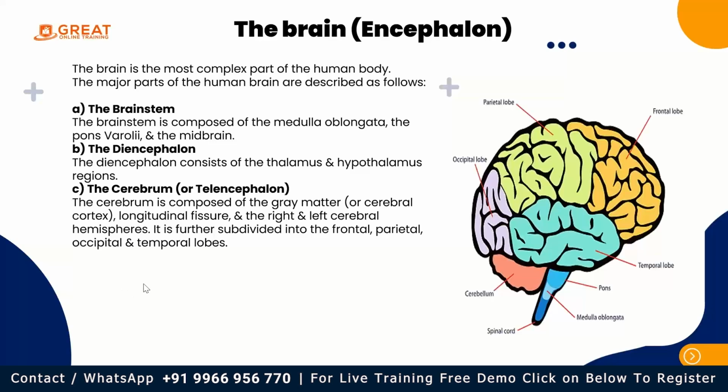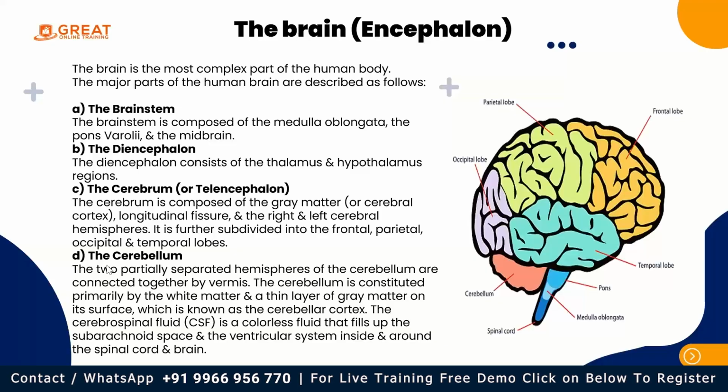This is the cerebrum. Then next is the cerebellum. The two partially separated hemispheres of the cerebellum are connected together by the vermis. This is also important.